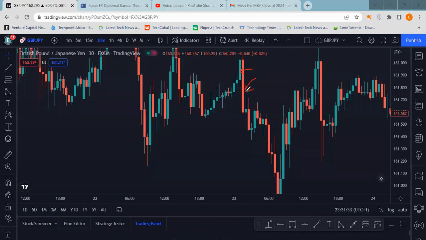Next candle closes weak bullish, right? The next candle wicks up, starts breaking the low, entry taken more or less secure around here. This was a trade for the day. That's about 13 pips. Yeah. This is the third example.